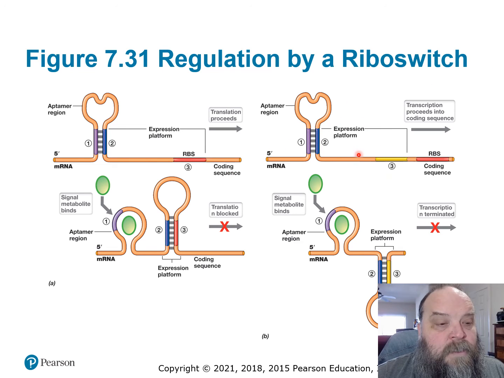You see it's quite similar here, but a little more dynamic. This expression platform, as they're showing here, this is where the ribosomes and any translation initiation factors and whatnot will collect. Here's where the ribosome binding sequence is. But again, the difference between A and B here is that region 3 is not part of the ribosomal binding sequence.